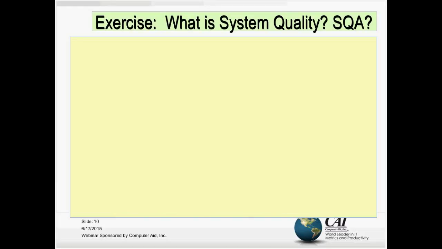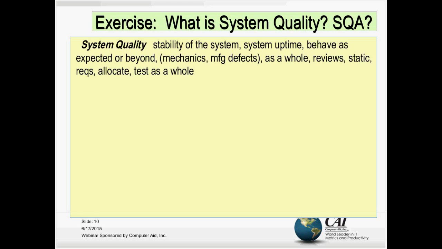What I'm presenting here is part of talks that I've given, and what I often do is start out by involving the participants to find out what they mean by some key terms. One of the big issues is the difference between system quality and software quality.